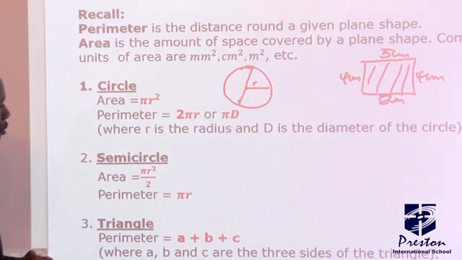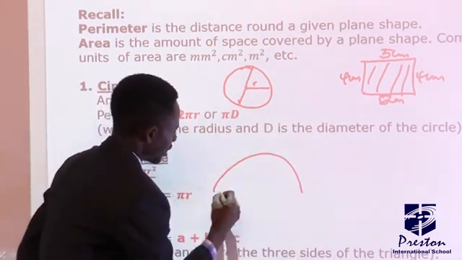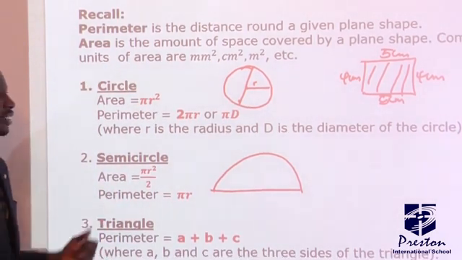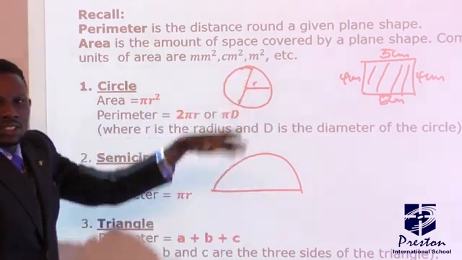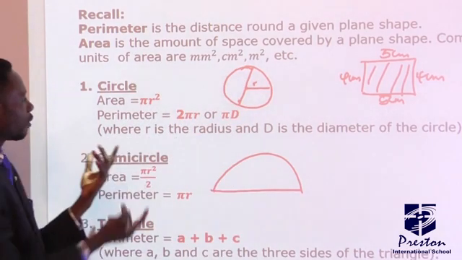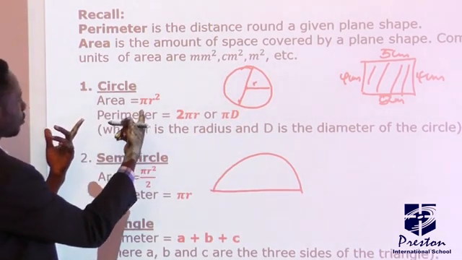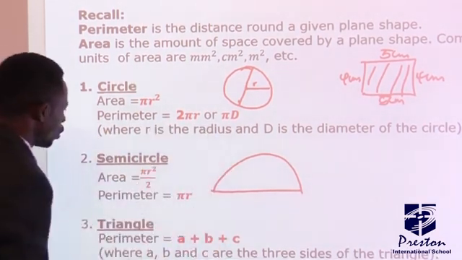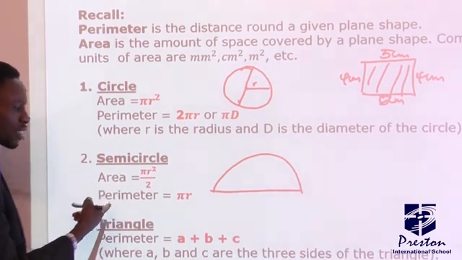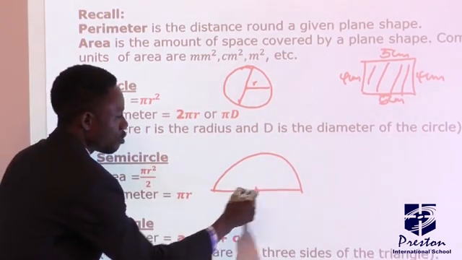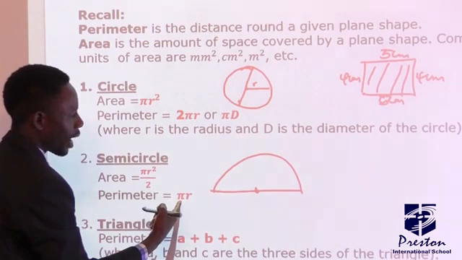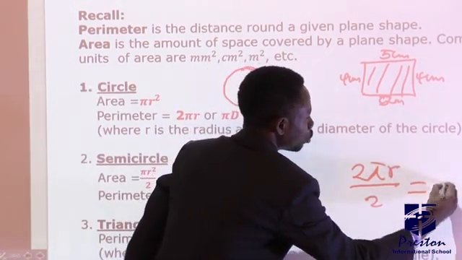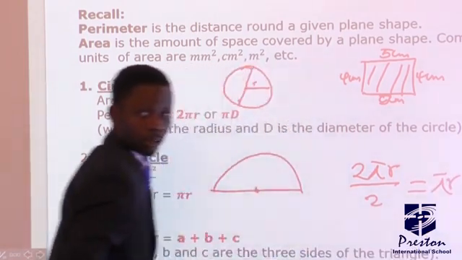Okay, we have the semicircle. Semicircle is half of a circle. Okay, in this case now, what is the area? That means whatever thing we must have done for this, just dividing the value by 2. In the case of this, the circumference of this is what? Okay, 2 pi r. So when you are now talking about the circumference, which is the perimeter of a semicircle, you have this one to be 2 pi r divided by 2, and I think this one should give us pi r, right?